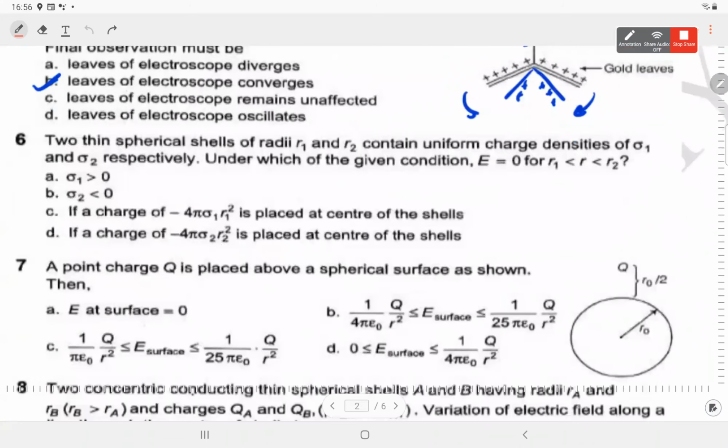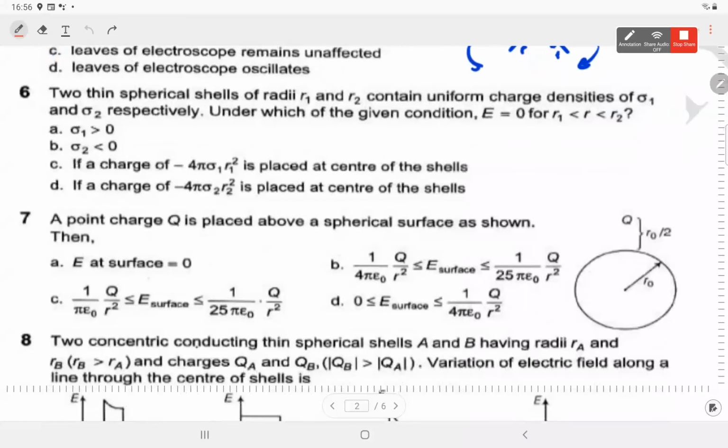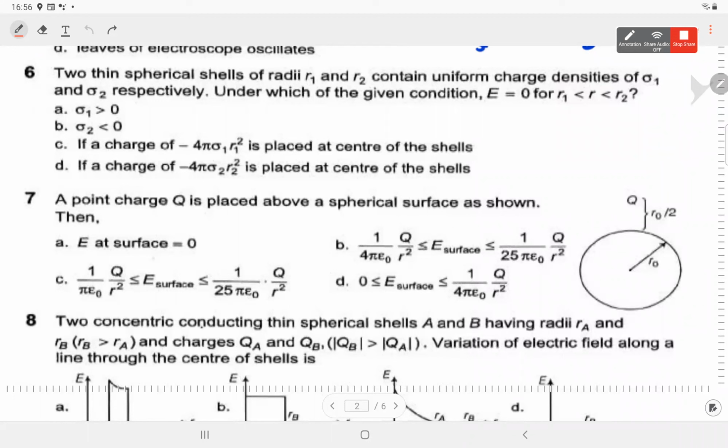Question number 6. Two thin spherical shells of radii R1 and R2 contain uniform charge densities of sigma 1 and sigma 2 respectively. Under which of the given conditions is E equal to 0 for R less than R1 greater than R2?